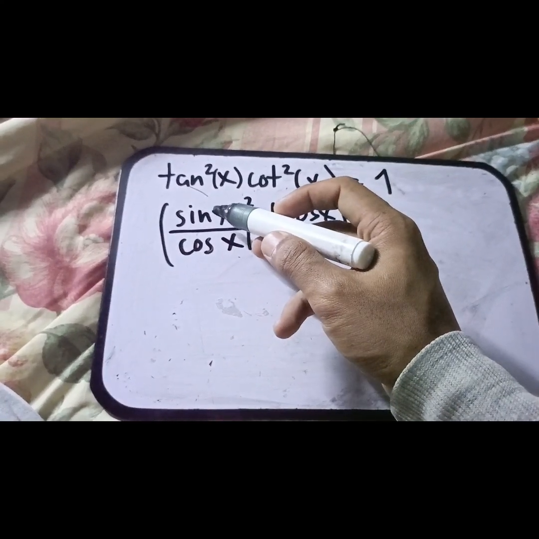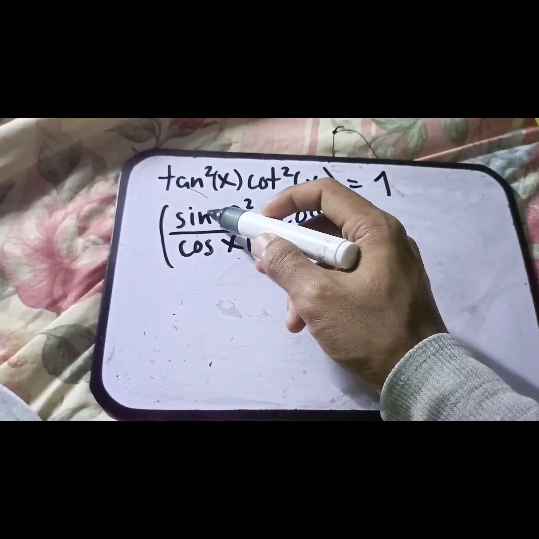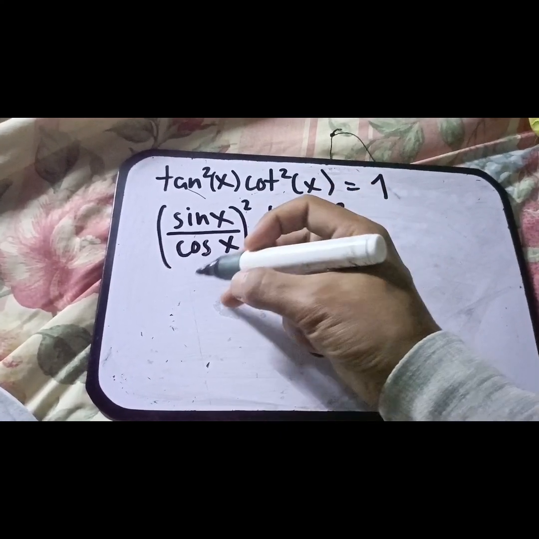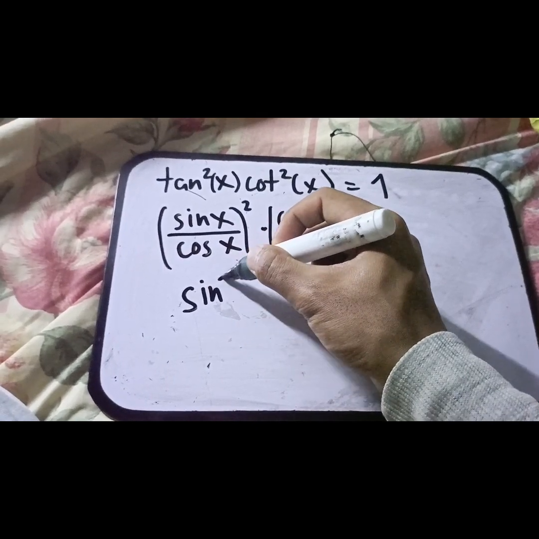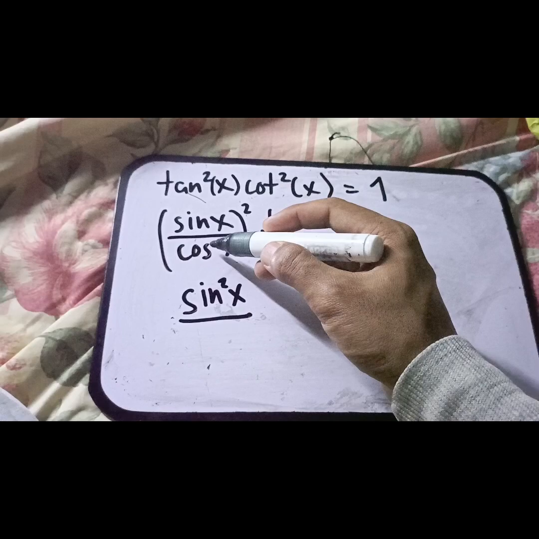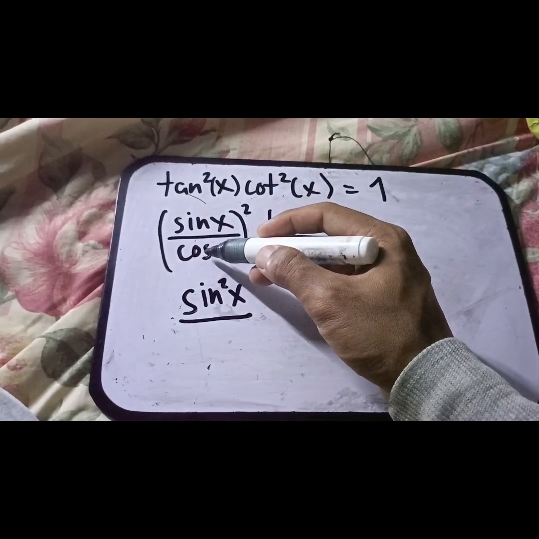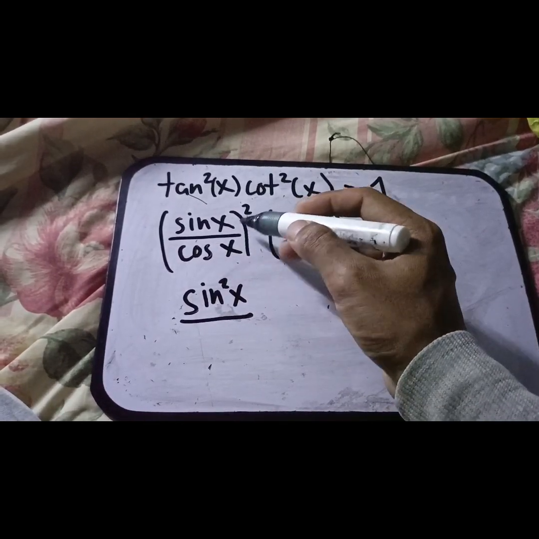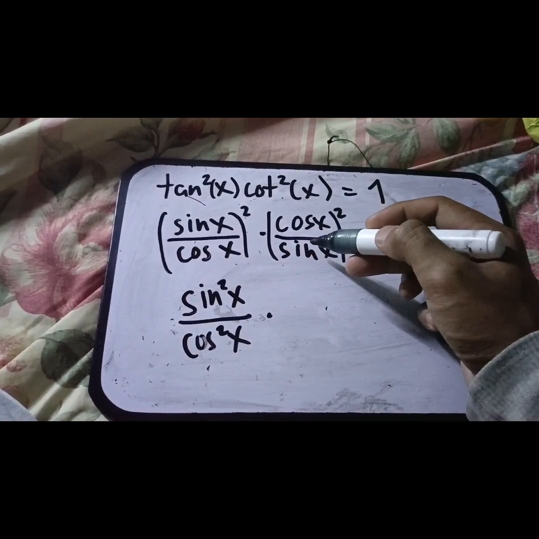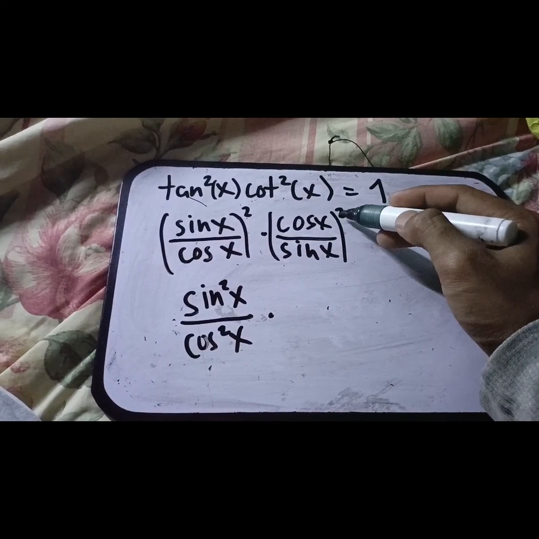Now you raise sine to the square, so sine becomes sine squared x over cosine squared x. Now do the other side.